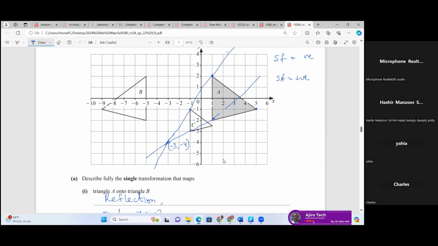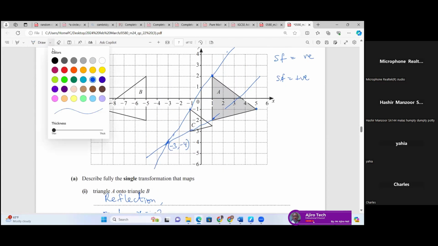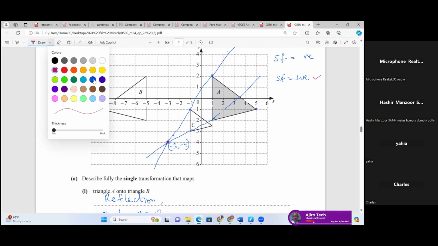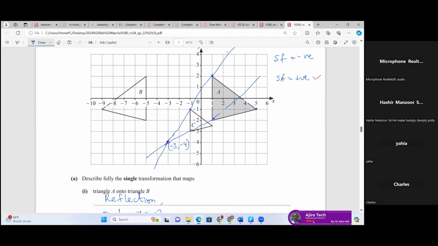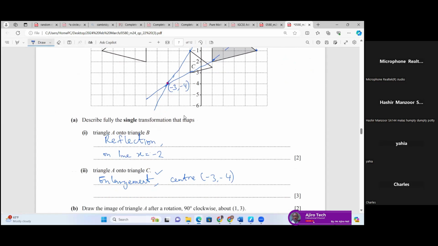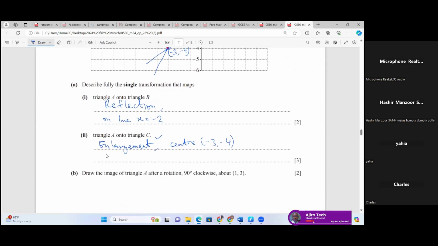Now look at the center. Is the center in between the two shapes? No, it is not in between. Then my scale factor is positive, not negative.